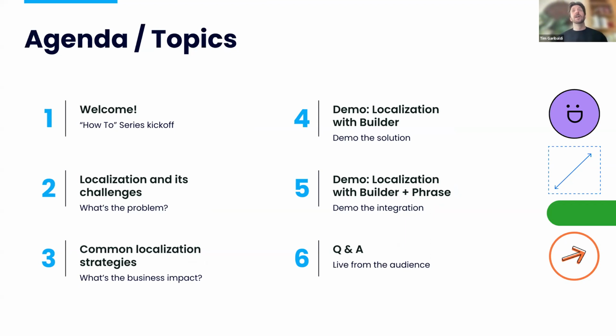We'll go over some of the techniques and methods that a lot of our customers are using and how we've built a feature set natively within Builder, as well as some of our third-party integrations to help you localize your site. And then, of course, as Taylor mentioned, we will have some time at the end for questions. So feel free to post in the chat section and we'll get to those in the end. Sound good?